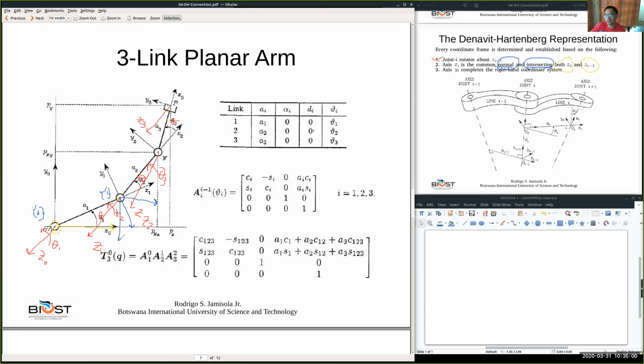It is normal and intersecting to Z1, but it is also normal to Z0, but it is not intersecting Z0, okay? So of all these axes, which one is both normal and intersecting to Z1?